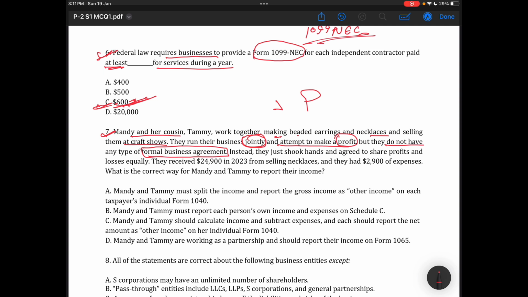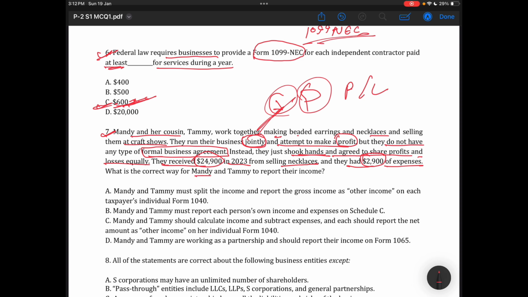Instead, they just shake hands and agree to share profits and losses equally. So the key points are: start the business jointly, make a profit, shake hands, and share the profits and losses equally. They receive $24,900 in 2023 from selling necklaces, and they had $2,900 in expenses.